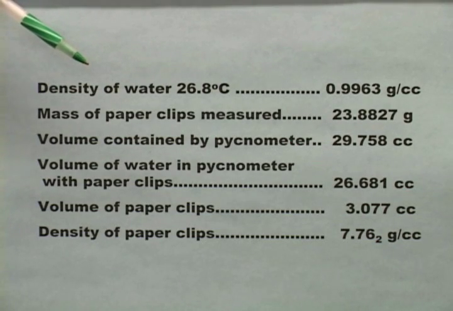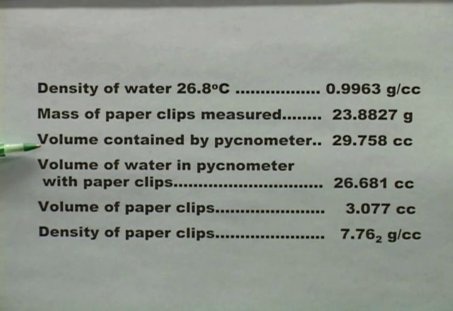Here are the calculations. I hope you understand them. Recall that you made 4 weighing measurements with the pycnometer. From these you can determine the mass of the solid in the pycnometer. And also you determine the masses of 2 different volumes of water.